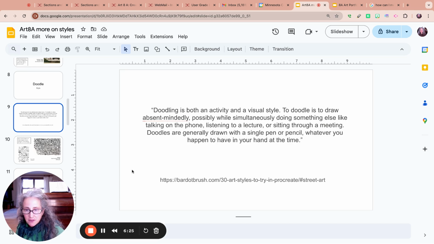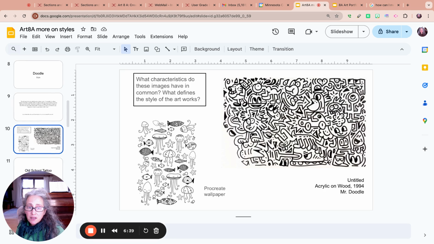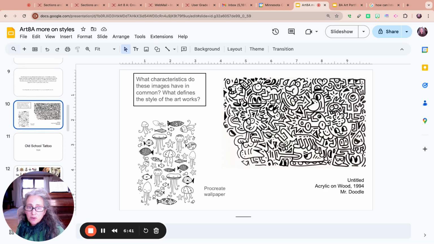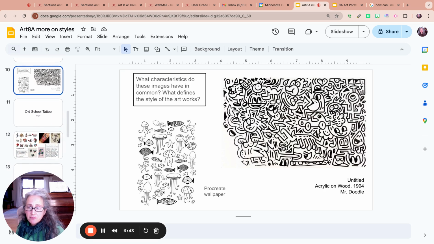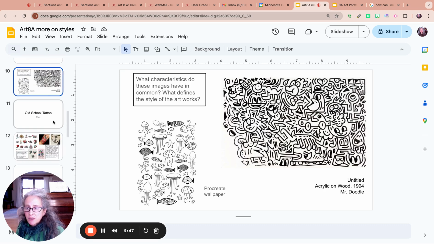And this was a quote from this website here. And here are some doodles. The one on the right is by an artist, Mr. Doodle, and he painted that in 1994. Reminds me a little bit of Keith Haring, who we're going to see here in a minute.